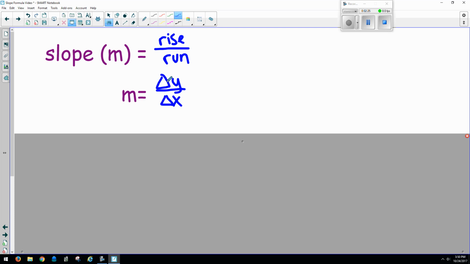It looks like a triangle, but this actually stands for the change in y over the change in x.